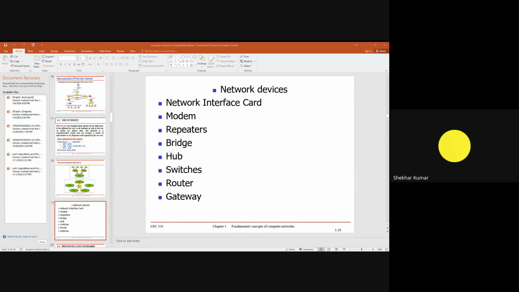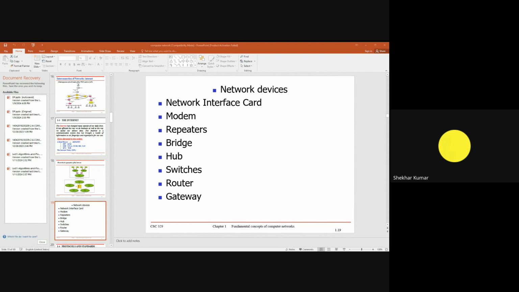So gateways translate between networking technologies, such as your different models which we use, such as your OSI model and TCP/IP model. So a gateway connects two or more autonomous networks, each with its own routing algorithms, protocols, topologies.